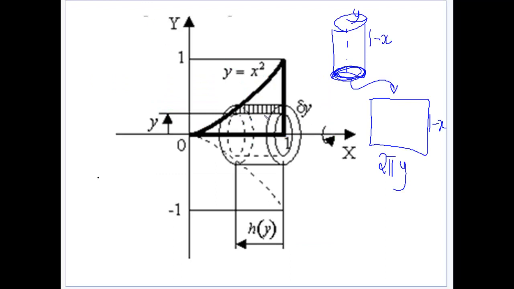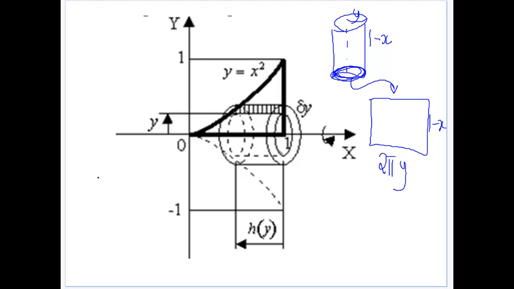Now, the difference between our rotations. The first function we've got is x squared between 0 and 1, and this area is rotated around the x-axis. Normally when we rotate around the x-axis, our thickness in terms of x would be perpendicular to the axis of rotation.